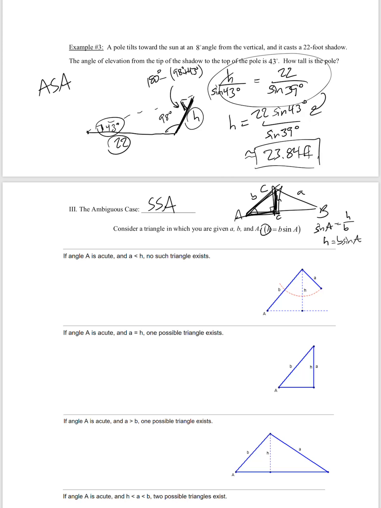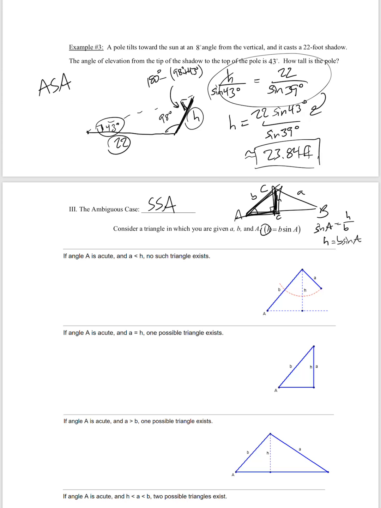Now let's consider a triangle where we know a, b, and A, or two side lengths and an angle opposite one of them. There are a bunch of different possible triangles that could be the triangle represented by this information. So if I'm just given this information, there's a lot of different possibilities of the triangle that I could be looking at.